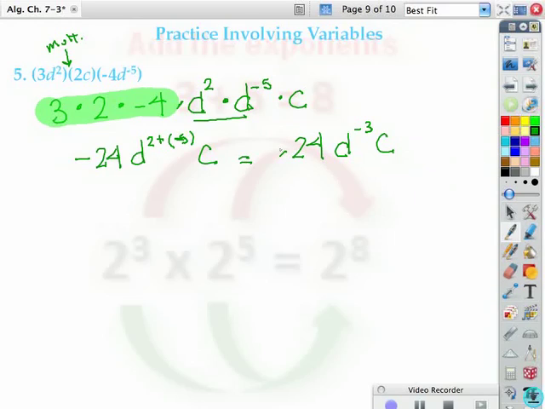Okay, now, this number, again, I'm reiterating this because it continues to be an issue.